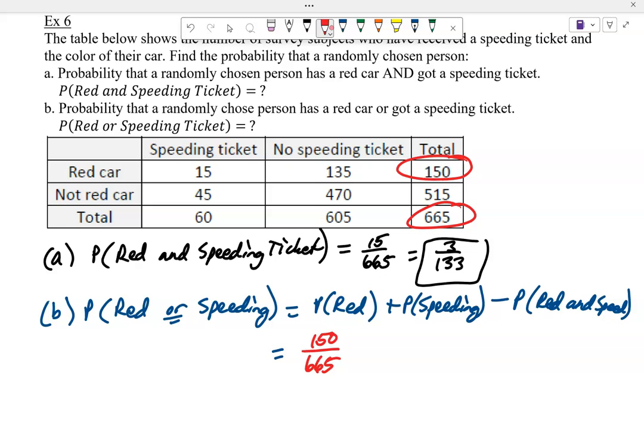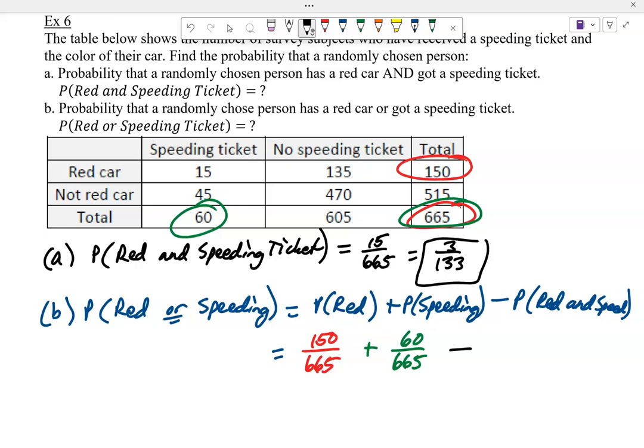Plus, what if we were to reach into the bag and pull out somebody with a speeding ticket? How many speeding ticket winners do we have? 60 winning speeders, right? Now we're going to pull out, was there any double counted?